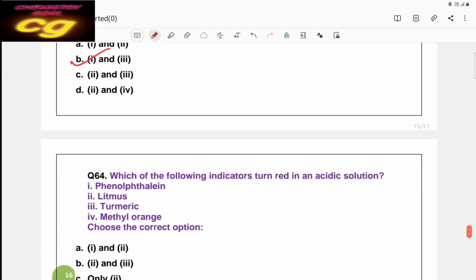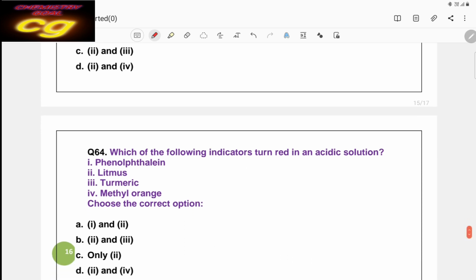Which of the following indicators turns red in an acidic solution? Phenolphthalein is generally colorless. Litmus goes from blue to red.